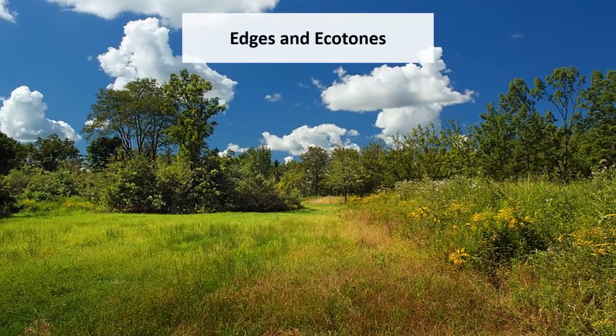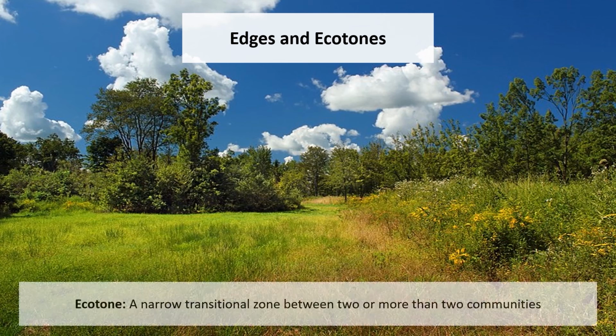Then we have the edges and the ecotones. What is an ecotone and what is the edge effect or the edge species? The ecotone is a narrow transitional zone between two or more communities. It contains organisms of both overlapping communities as well as those restricted to the ecotone only.